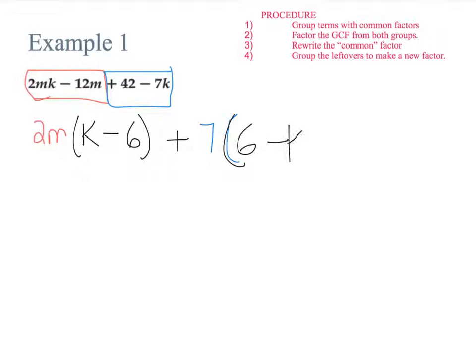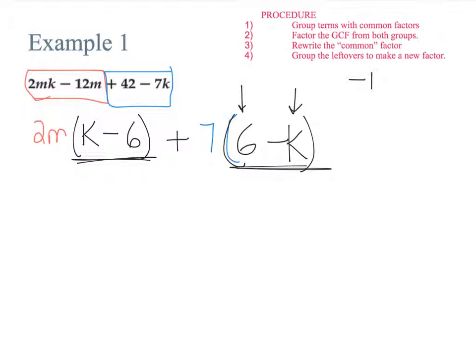Now, if you notice, these are the 2 terms that need to be the same, and they're not. They are reversed. The k here is negative, and this 6 here is positive. They are additive inverses of one another. So to make them the same, I need to factor out a negative 1 in order to make them look exactly alike.